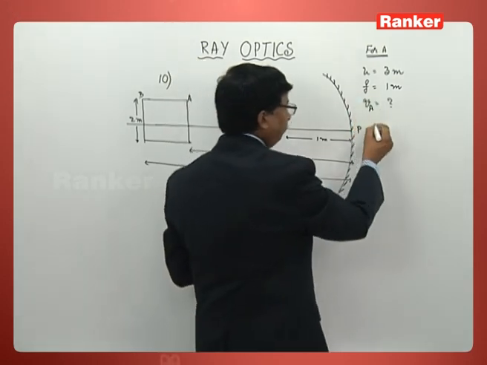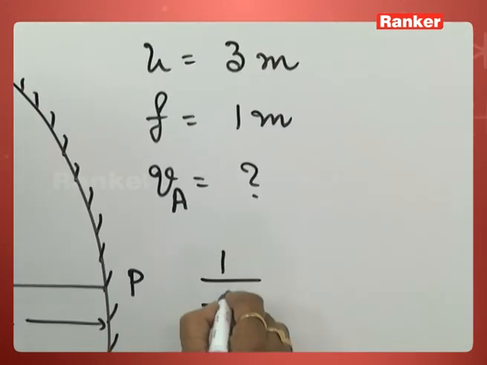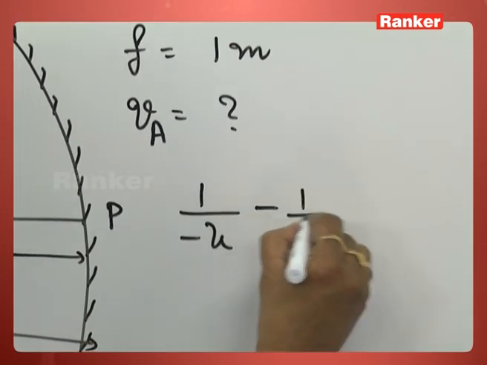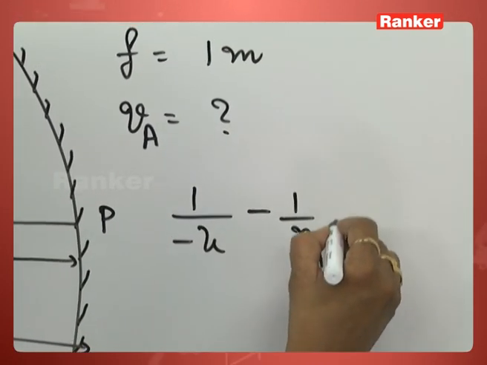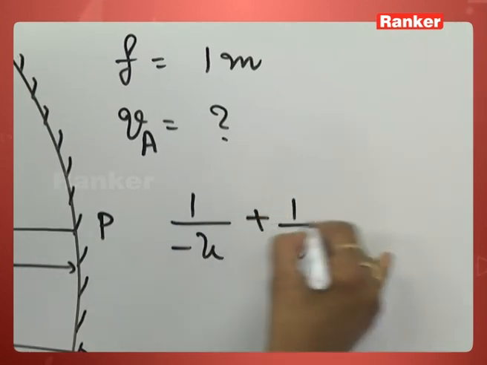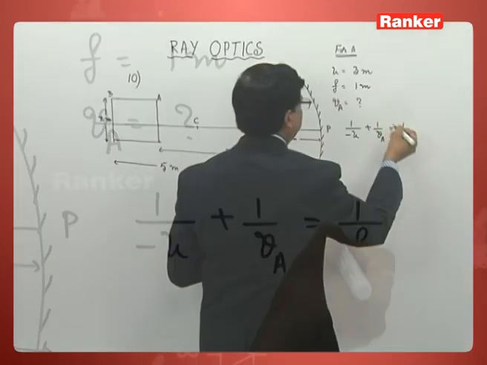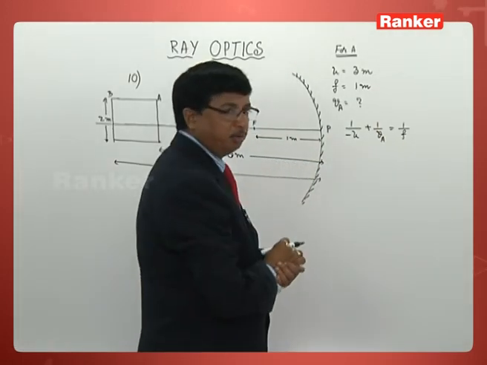Now we can write this way, 1 by minus U, right, minus 1 by V, or plus 1 by V is equal to 1 by F. That is the focal length of that mirror that has been mentioned.